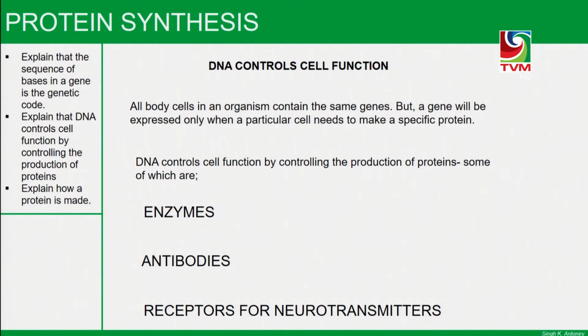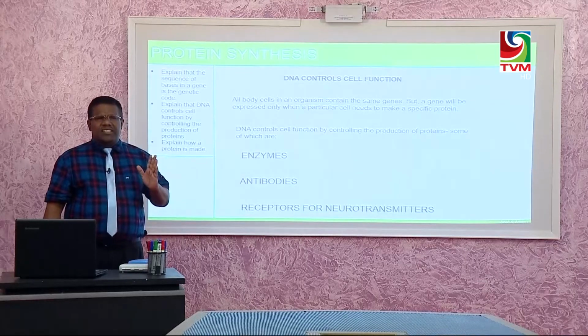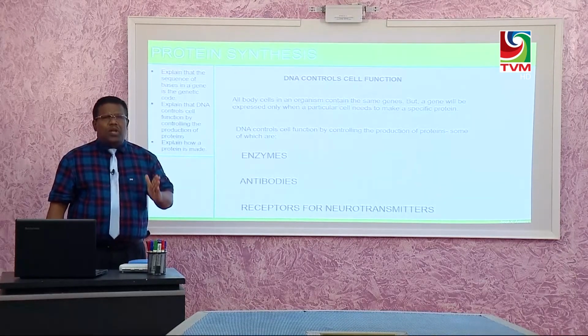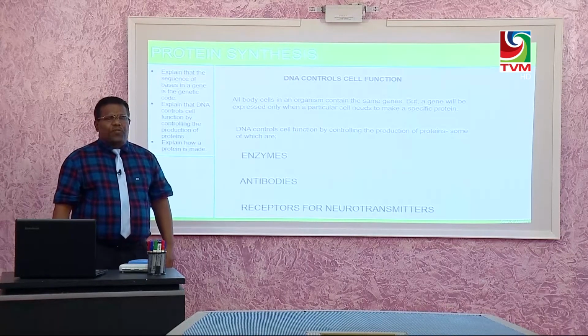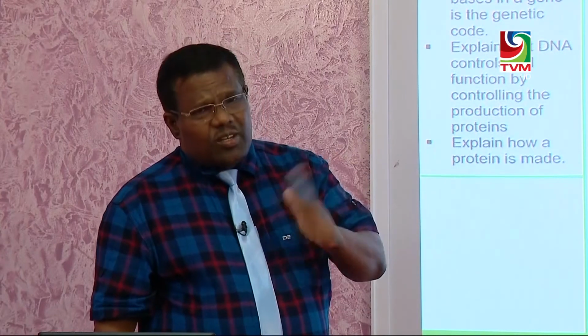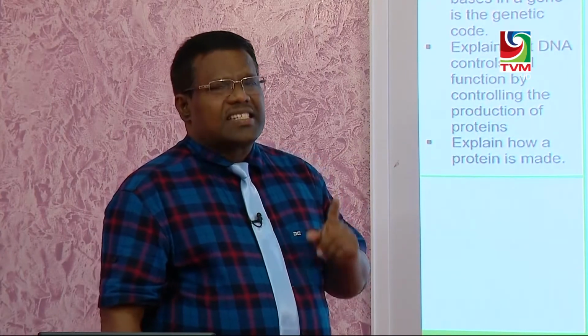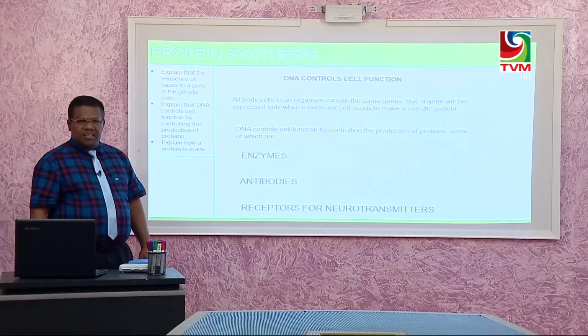And also you have studied about neurotransmitters. Neurotransmitters are helping in the transmission of impulses across the synapse. You have studied what is a synapse, the gap between two neurons. Along the nerve fiber, the transmission of impulses is electrical. Across the synapse, it is chemical transmission with the help of neurotransmitters.